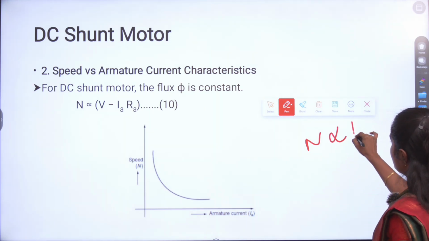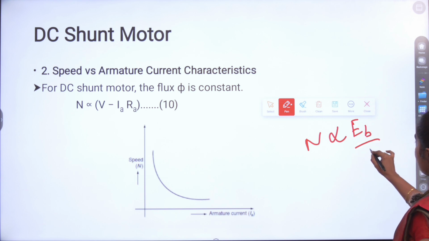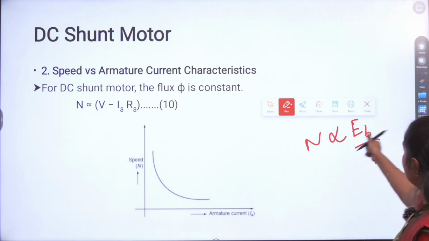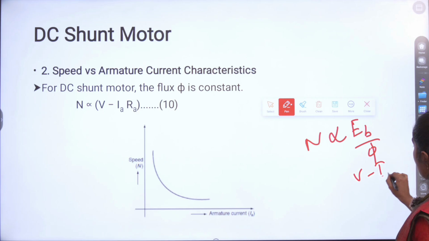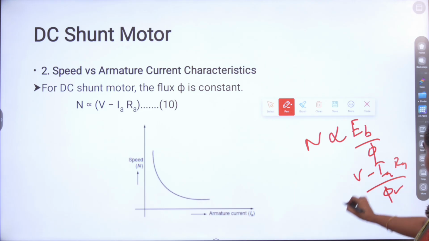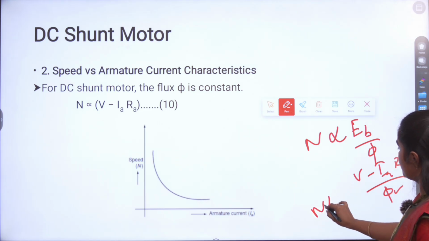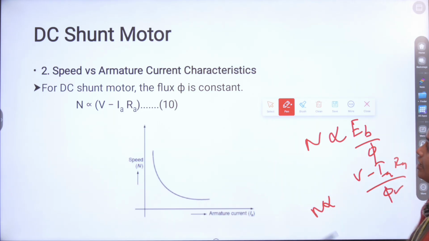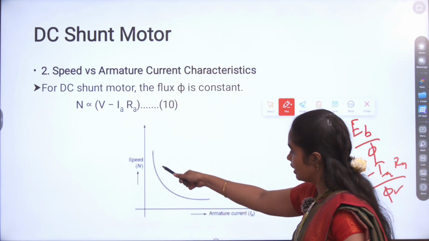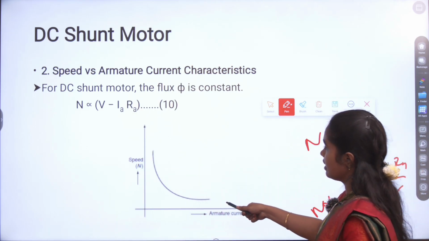We know the back EMF formula, V minus Ia Ra, so N is proportional to V minus Ia Ra divided by flux. The flux is constant, so we neglect that, and finally we get N directly proportional to V minus Ia Ra. This is our speed equation. So whenever the speed is decreased, the armature current is increased.